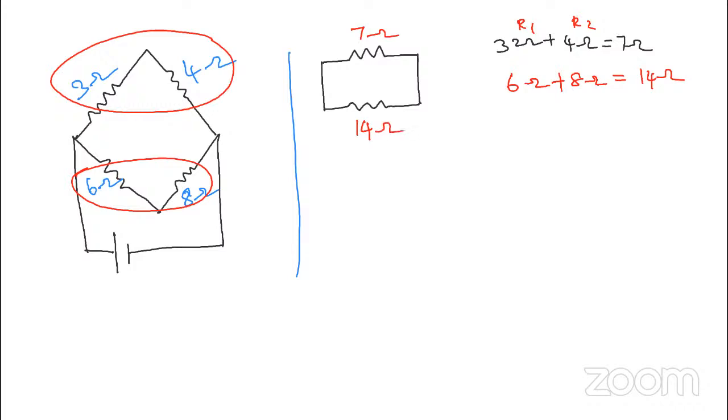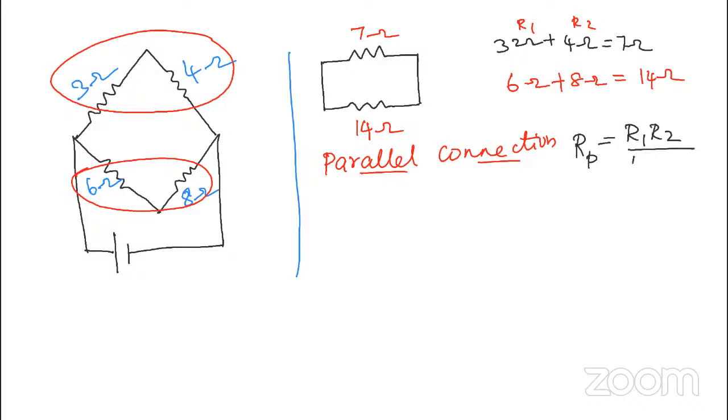Now the circuit should be connected in parallel connection. Right? So for the parallel connection we know the formula. The formula is Rp is equal to R1 R2 divided by R1 plus R2. Let us now substitute the values. What is the value of R1 for the parallel connection?